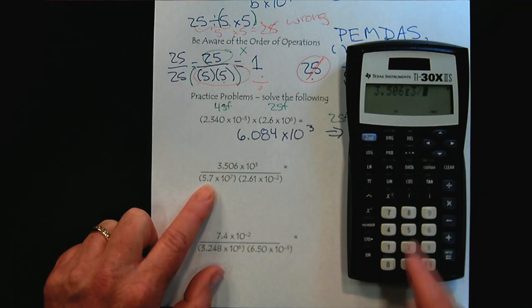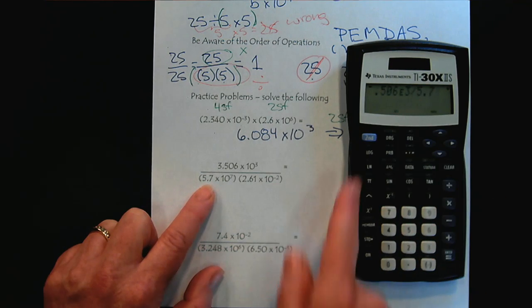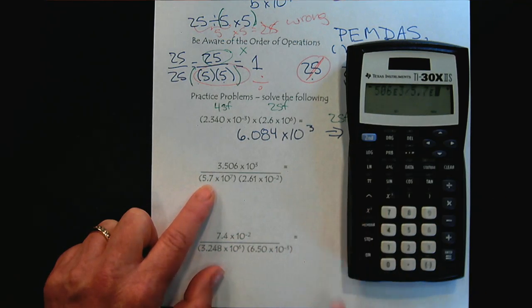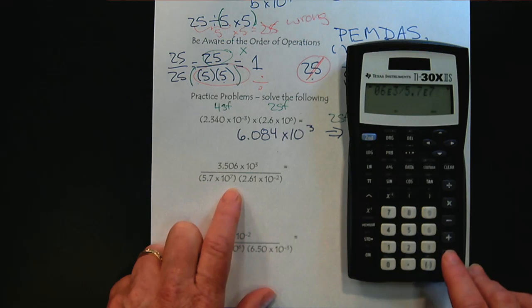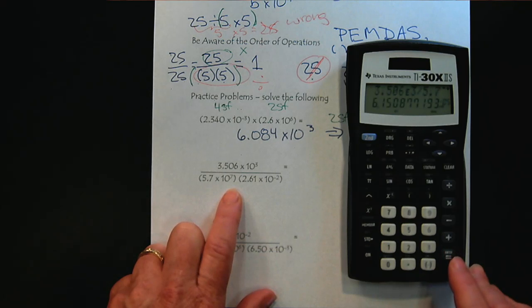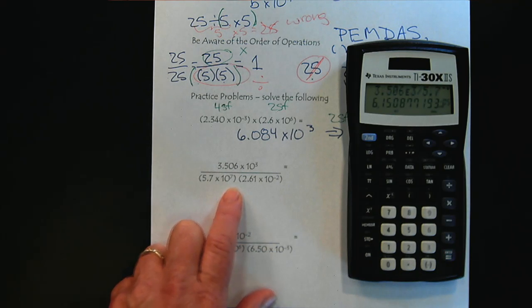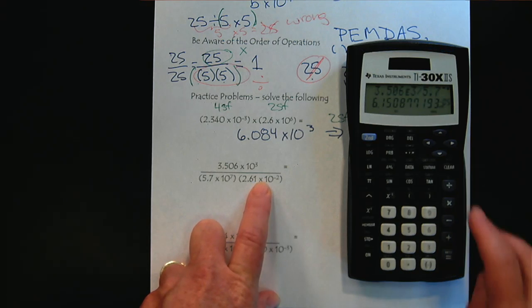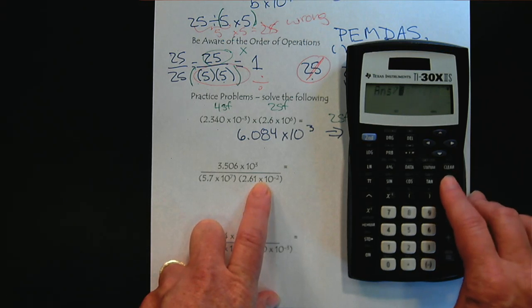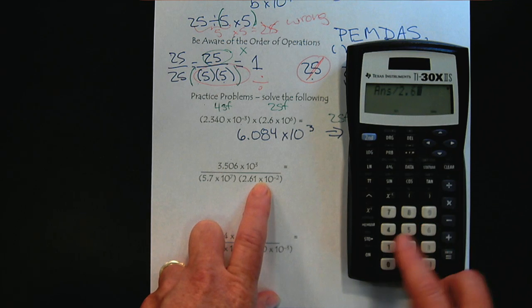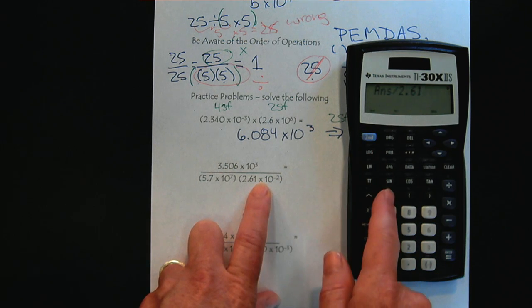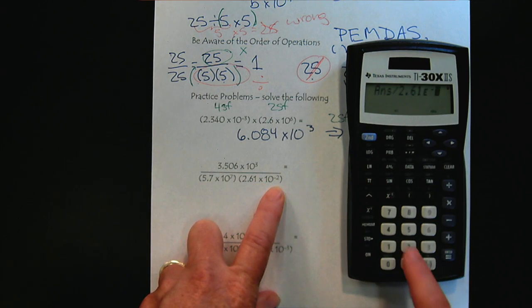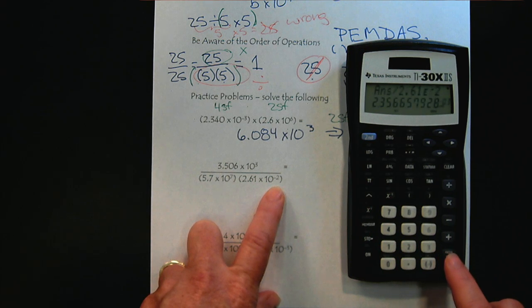Divided by 5.7, enter exponent, 7. And I'm just going to go ahead and execute that so that I don't worry about PEMDAS. And now we're going to divide again because this term is also in the denominator. Divided by 2.61, enter exponent, minus 2 equals.